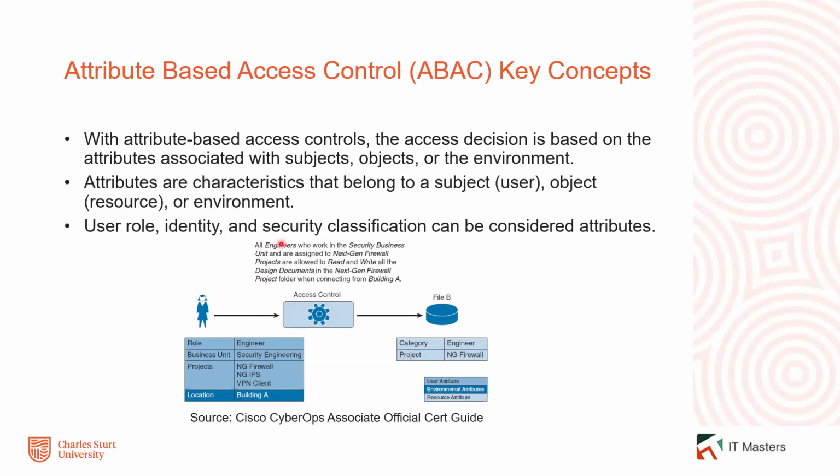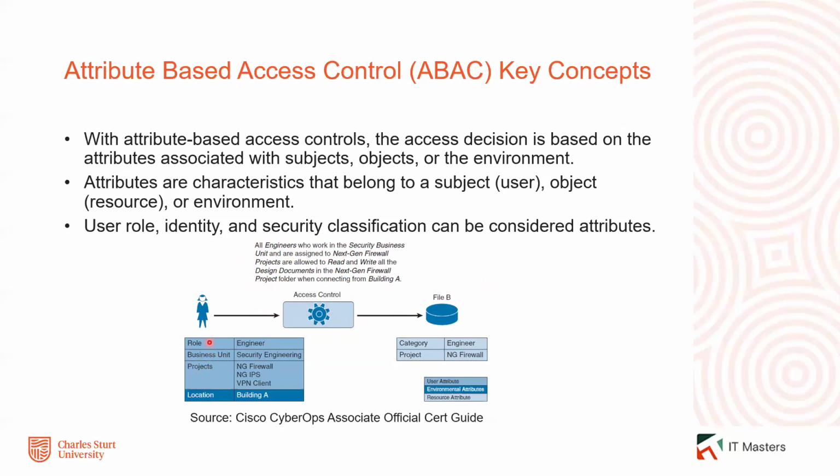All engineers who work in the security business unit and are assigned to the group Next-Gen Firewall projects are allowed to read and write all the design documents in the Next-Gen Firewall project folder when connecting from building A. So we've got a lot to break down there. We've got a lot of conditions to meet in order to be able to access this particular file.